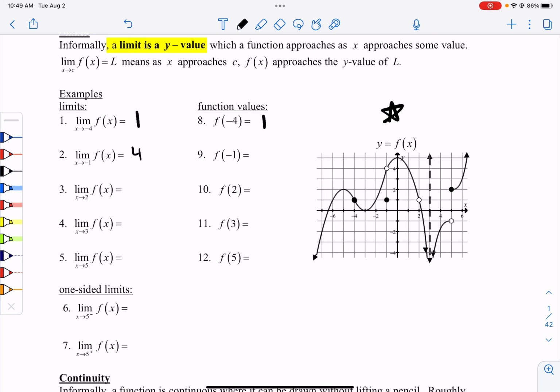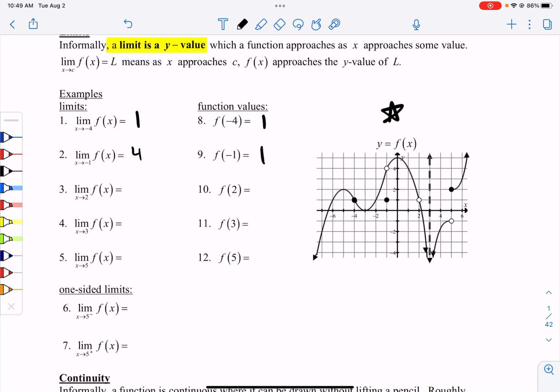Now, here's where we need to be careful with limits because f of -1, if I'm looking at my example right across, f of -1 is not 4. F of -1, that open circle means that f of -1 is actually down here. F of -1 is 1, but my limit is 4. I'm approaching 4. Even though my value isn't 4, it's down at 1, okay?